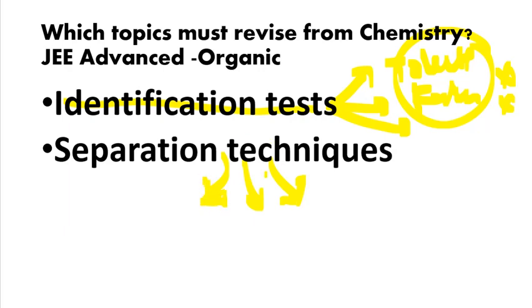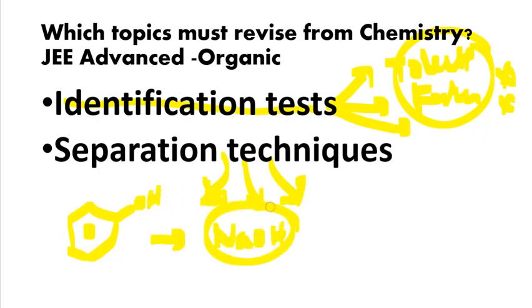If we look back at previous year questions, we may be given some organic compounds and asked whether they are soluble in sodium hydroxide. This is the most frequently asked question in JEE Advanced chemistry. That's why just look back at acid-base extraction. That is a separation technique, right? So just focus on it.